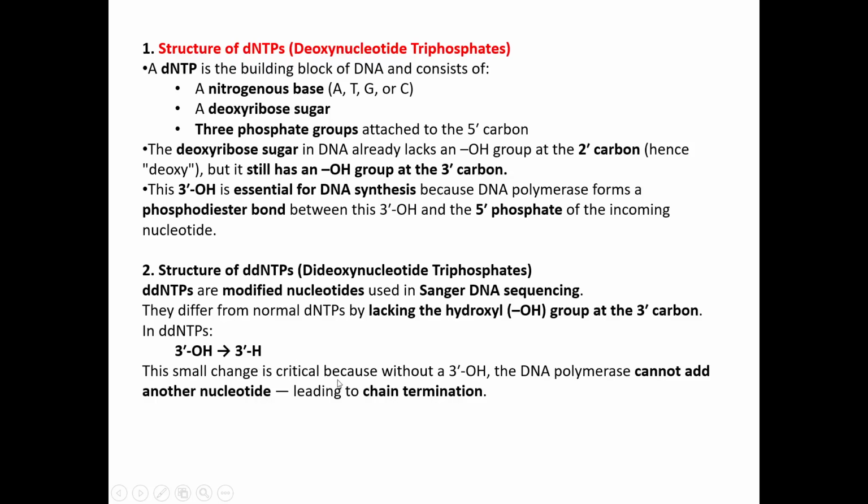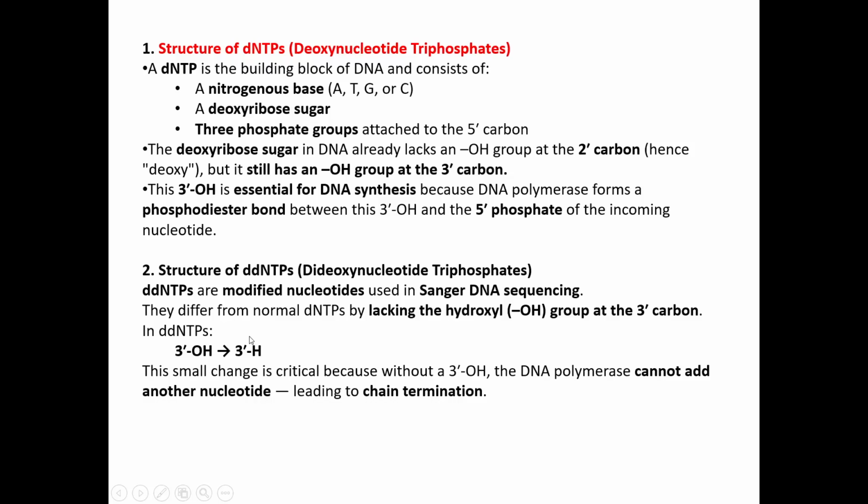So the small change is critical because without the 3' OH, the DNA polymerase cannot add another nucleotide, leading to chain termination. Therefore, DNA synthesis stops wherever the ddNTP has been added. So this leads to the termination of the chain.